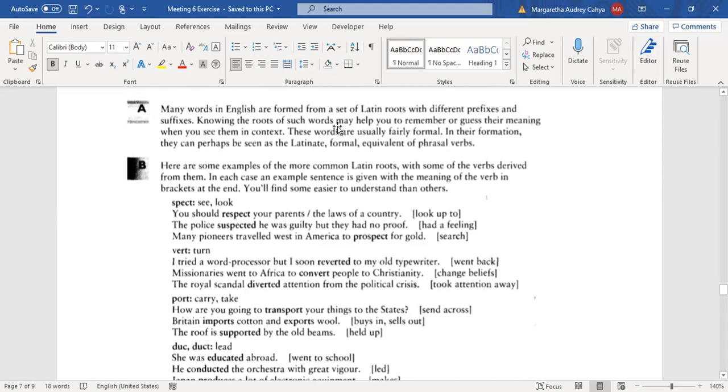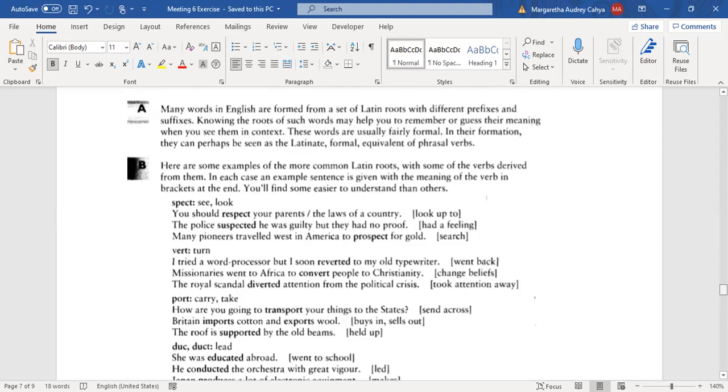Dan juga catat ya, you have to underline this in bold words, like may help you, only may help you, mungkin dapat membantu kamu. So it's not every spect is going to have a meaning of see or look. As you can see, respect can have a different meaning, right? It's certainly not see or look.